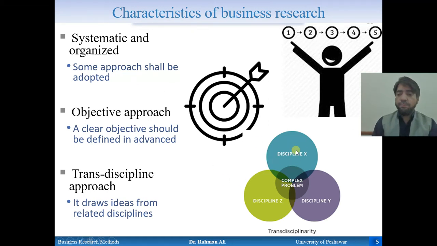We can borrow some concepts from discipline X, some from Y, and some from Z, and it will give us a solution to the business problem in the form of business research. For example, a business research can borrow concepts from statistics, some concepts from economics, some concepts from management, and combining all three, we can complete a business research.